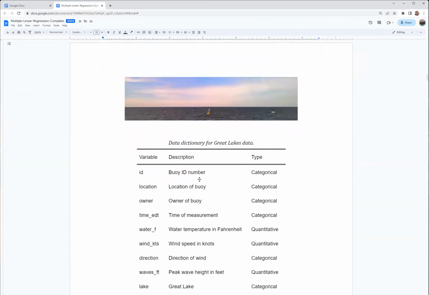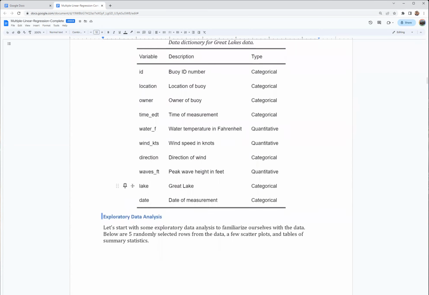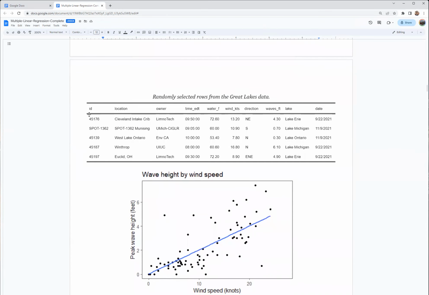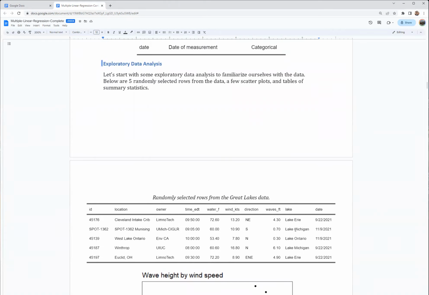Okay, so there are all these variables in this data set: the time of the measurement, water temp, wind speed, direction of the wind. So here's a randomly selected 5 rows from the data set just to show you what it looks like. There's the date the buoy measurement was collected. We have the wind speed in knots, which is a different unit of measurement than miles per hour, but same idea: the higher the value, the windier it was.